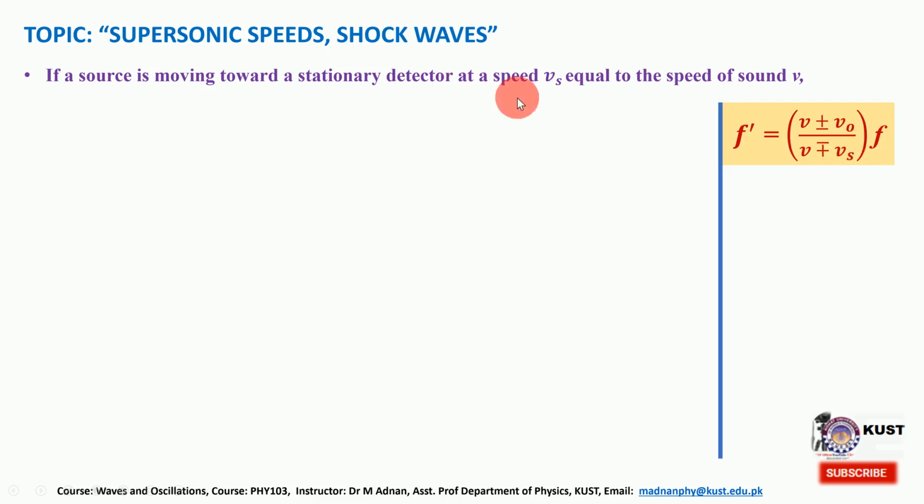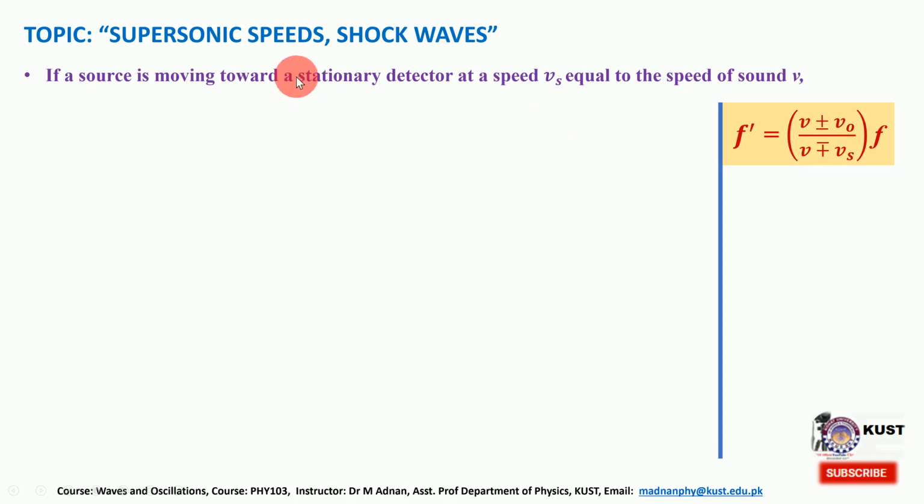So now we start this lecture with this question: if a source is moving towards a stationary detector at a speed Vs equal to the speed of sound. That is, the detector or the observer is at rest, so VO will be 0 here, in order to understand the supersonic speed, and the speed of the source is equal to the speed of the sound. V and Vs will be the same.